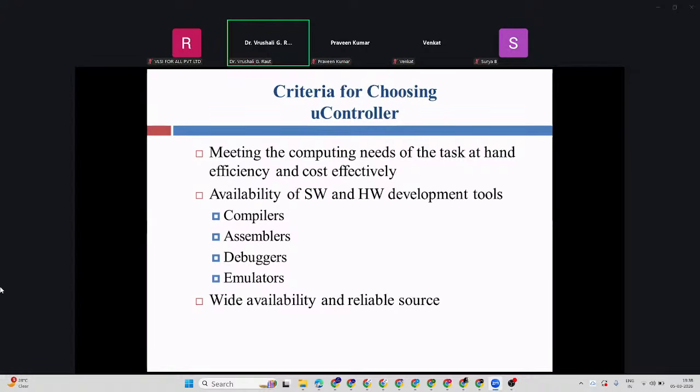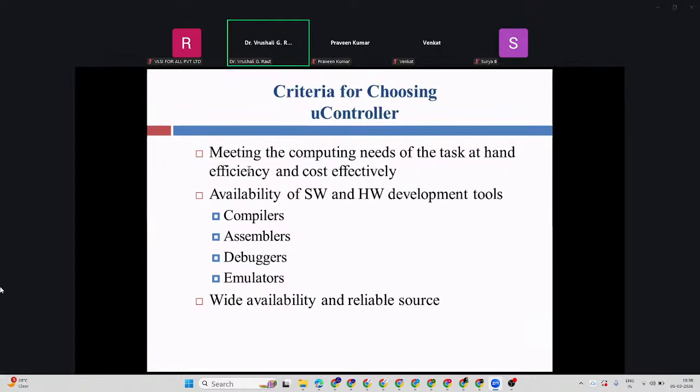Again, they are different. PIC is working in a higher frequency range. So though the data is 8-bit, PIC will do it fast. Are you getting my point? So the criteria for choosing the microcontroller is how efficiently it is handling your computing need. And that is the example I gave you now. Is it right?